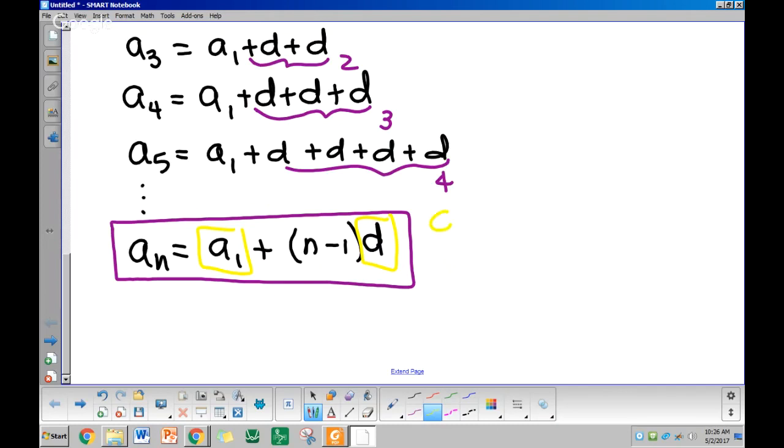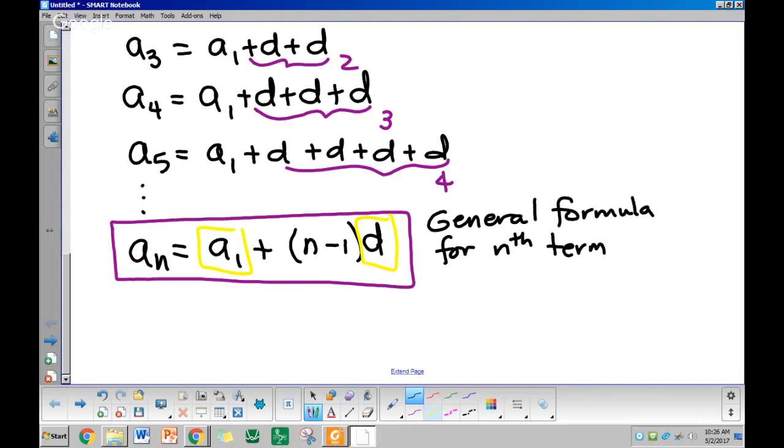And like I said, this is the general formula for an arithmetic sequence. So this formula is going to be very familiar to us, okay?